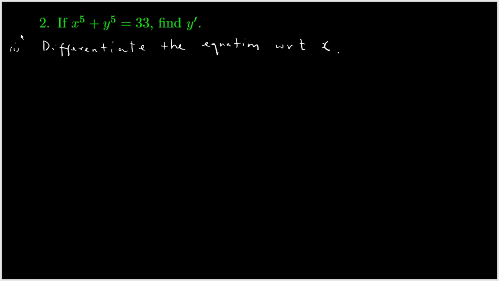So this time I'm going to add some more comments. Okay, you write a comma here. It's kind of important when you have a question like this. In all the cases, I want you to treat y as a function of x. Differentiate the equation with respect to x. When doing that, I want you to treat y as a function of x.